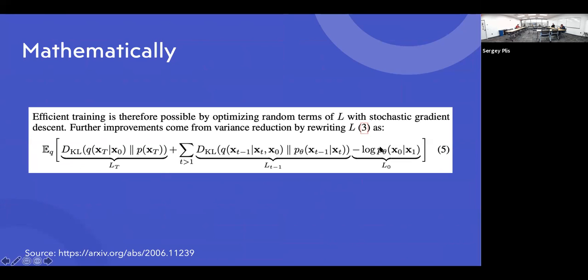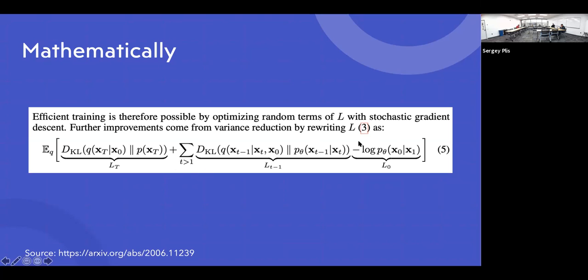This part of the loss is saying that we want the forward process t minus 1 given xt and x0 to be similar to the reverse process, namely predicting xt minus 1 given xt, and that's the sum over t bigger than 1.